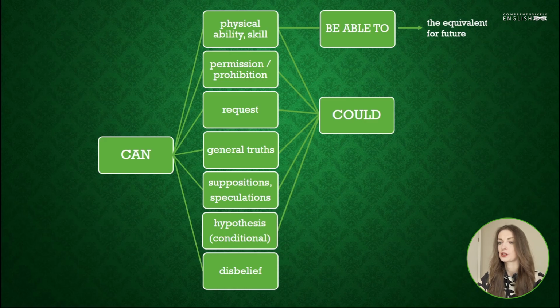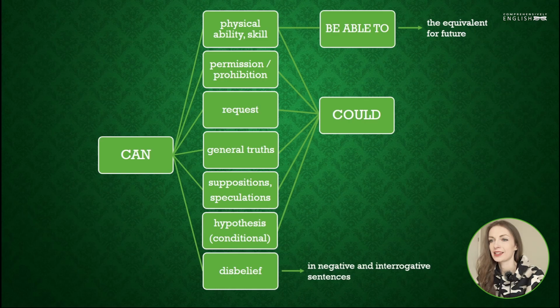Can expresses disbelief in negative and interrogative sentences, like he can't be so mean or this can't be true. Yeah, both these statements express that the speaker doesn't believe in something, or has doubts, because the information that he or she has just received is very surprising or controversial, and so on and so forth.